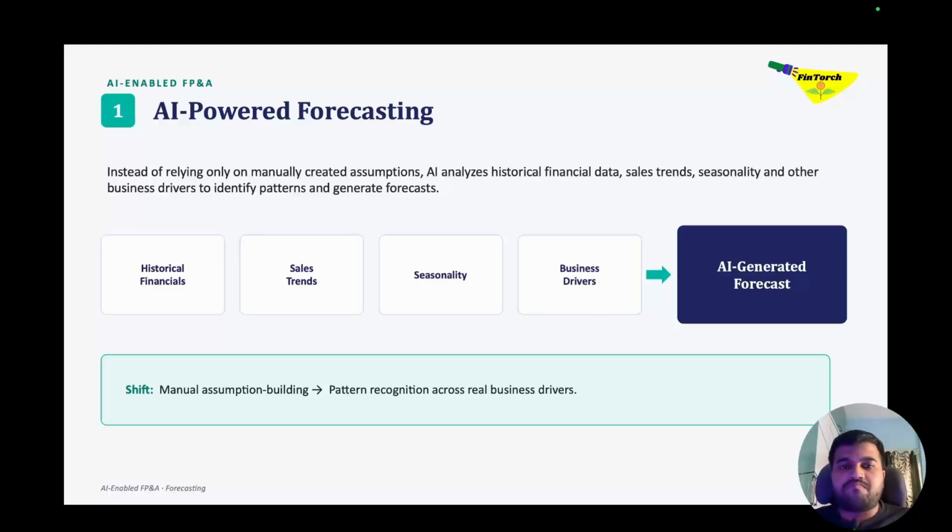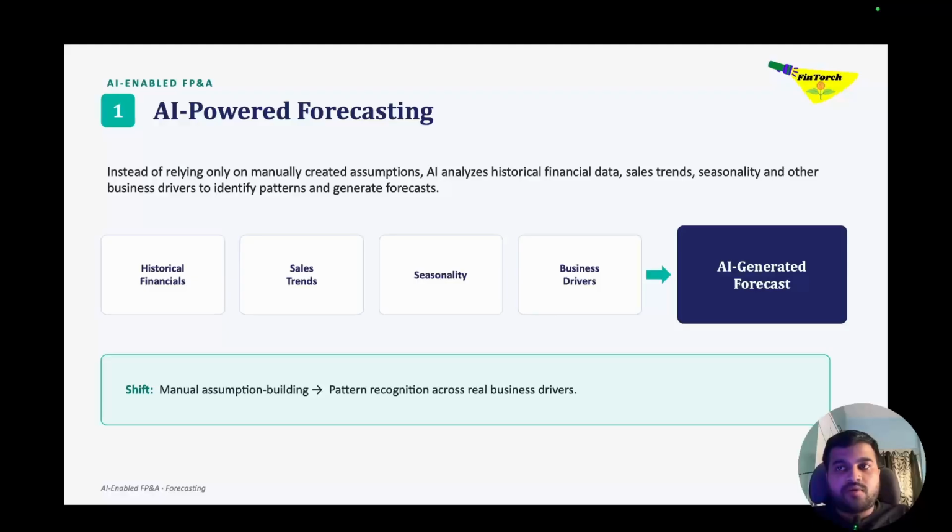If I need to summarize in a single equation how an AI generated forecast works, I will say it is a summation of historical financials plus sales trends plus business seasonalities plus business drivers. So this is a summation of how AI generated forecast works behind the background.